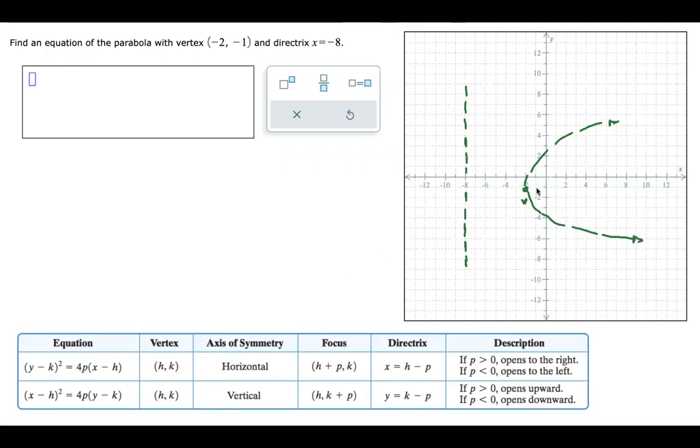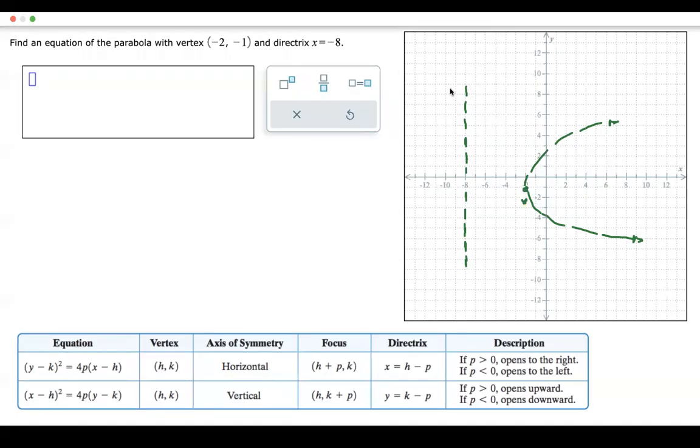And if you try to open this parabola downwards, it would once again collide with the directrix. So once again, not the idea. And if you try to open this parabola to the left, you will necessarily have to go through the directrix. So that means that our only option is this parabola opening to the right.